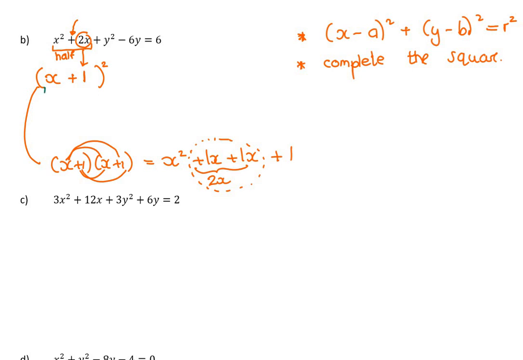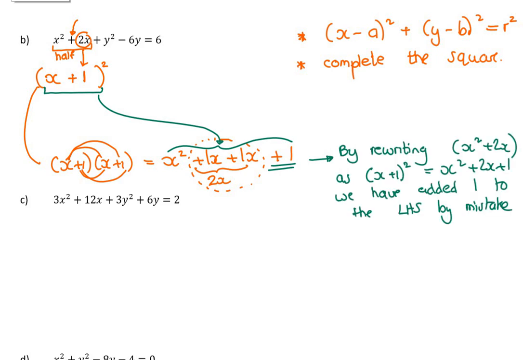Now here's the only problem. By writing it like this, this equals this. Now, what equals this whole thing? Now, the only problem is you just went and added 1 to both sides. So, by rewriting it as this x plus 1 squared, we've effectively added 1 by mistake. So, I've written myself a note there. By rewriting x squared plus 2x as x plus 1 squared, yes, it's equal to x squared plus 2x, but it's also equal to plus 1.